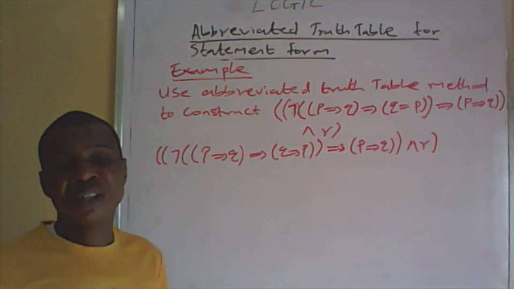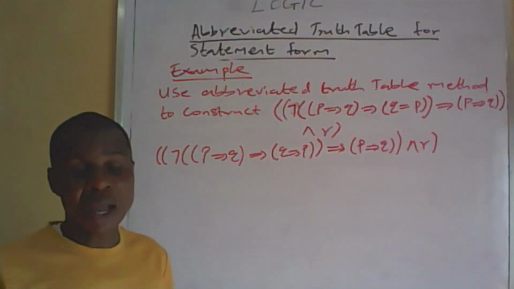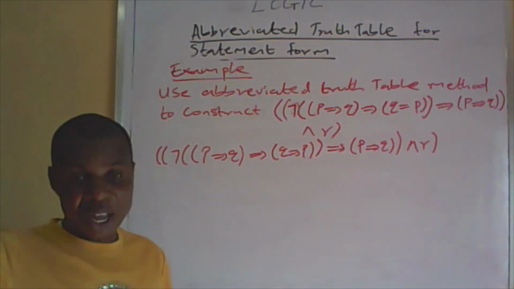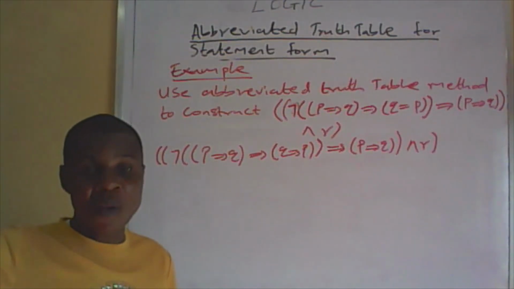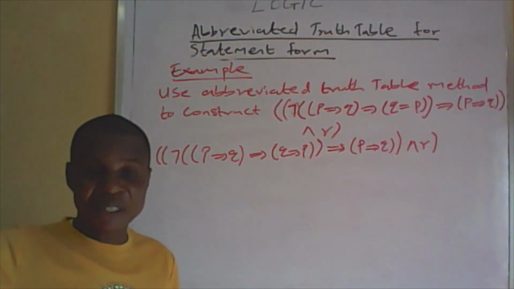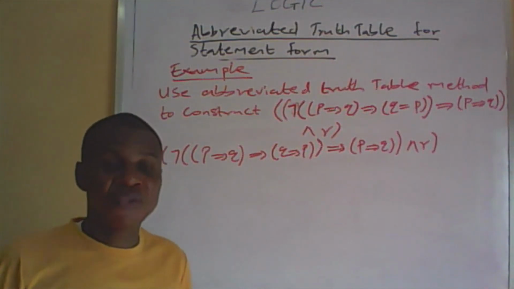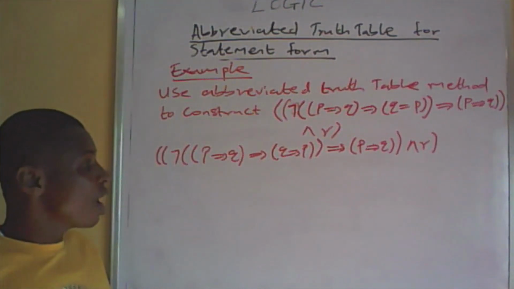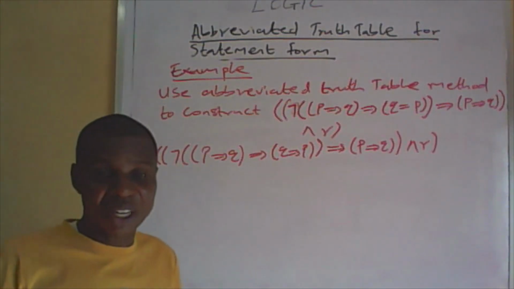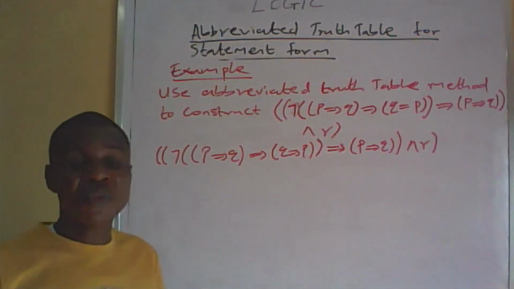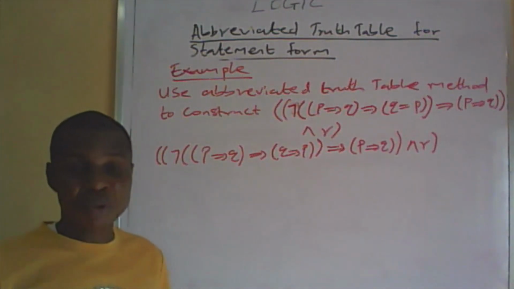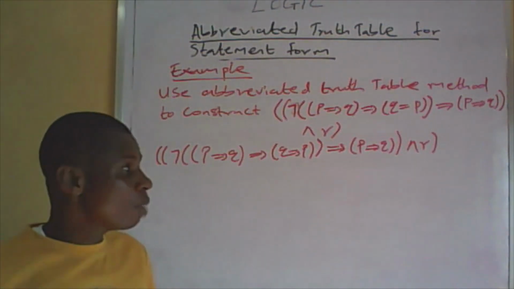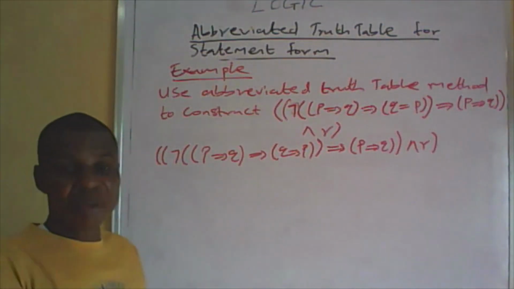And the formula is 2 power n, where n denotes the simple statements that are involved in the statement form. So here we have 3, and 2 power 3 is 8. That means we have 8 ways to combine our truth values for simple statements so that we can evaluate the statement form.